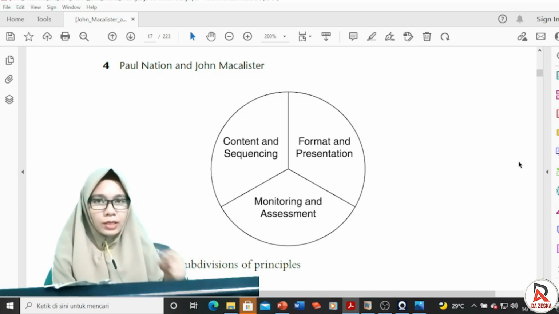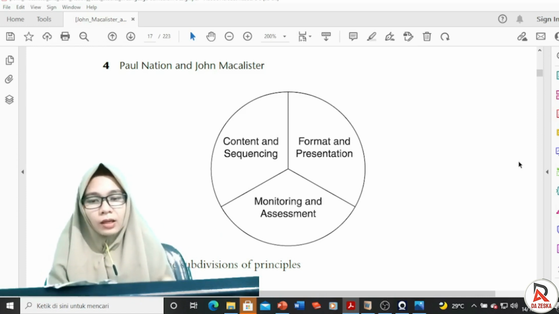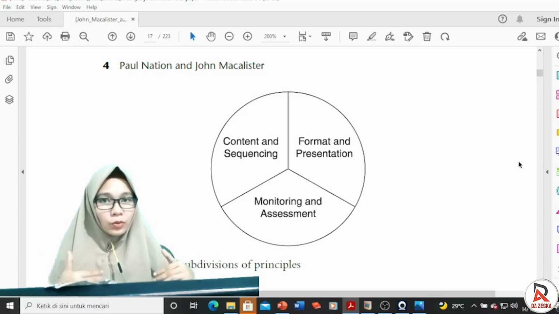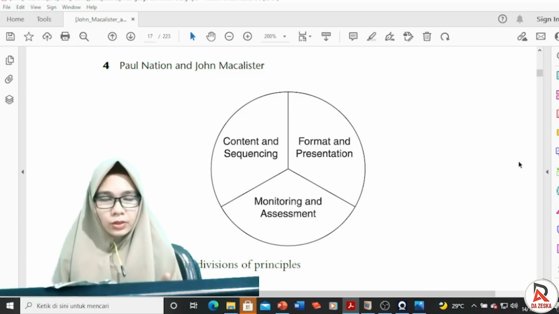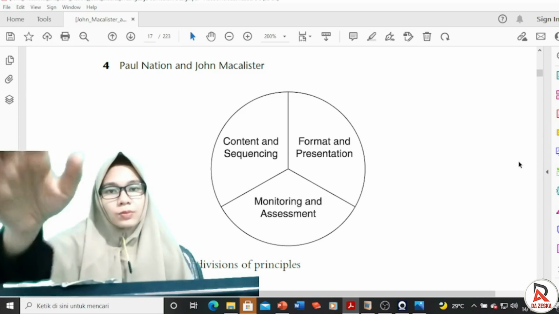When you do the content, when you decide the materials for your class, when you decide the items or topics for your teaching, you've got to think about the theories behind that, which one is suitable for that content, how to distribute those materials to your students, what techniques you're going to use, that's format and presentation.